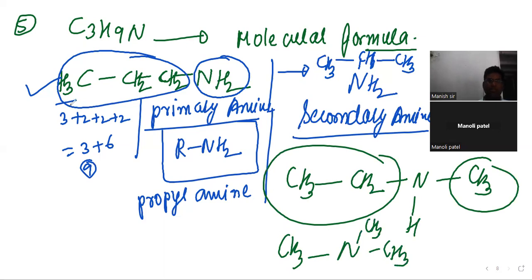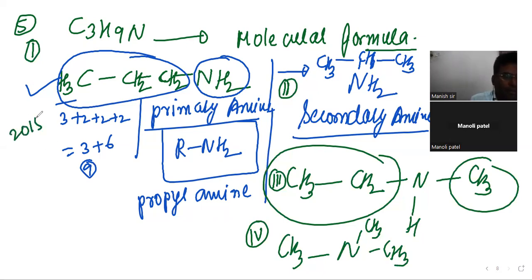So this structure is also possible. How many structures have we drawn? 1, 2, 3, 4. These are the 4 structures drawn. So the option is 4, the answer for the fifth question is 4. It was asked in 2015. Please draw all the structures.